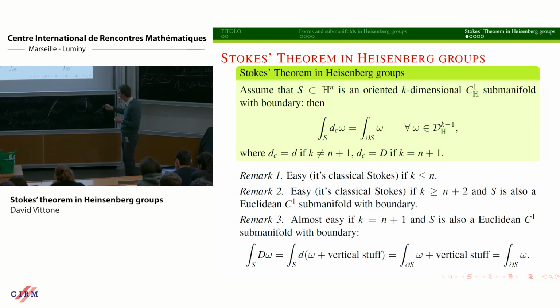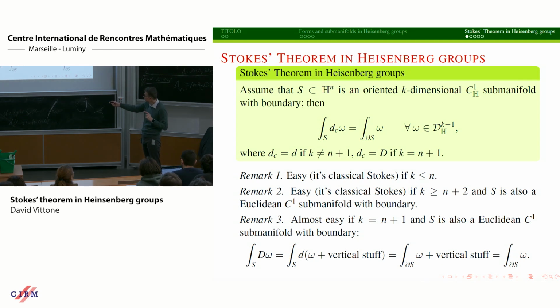And now this stuff, I called vertical this stuff because if you take it and you watch it, you realize that it's orthogonal to horizontal multivectors, to horizontal n vectors. So in particular, when you integrate it on the boundary of S, which is Legendrian, it's a horizontal submanifold.